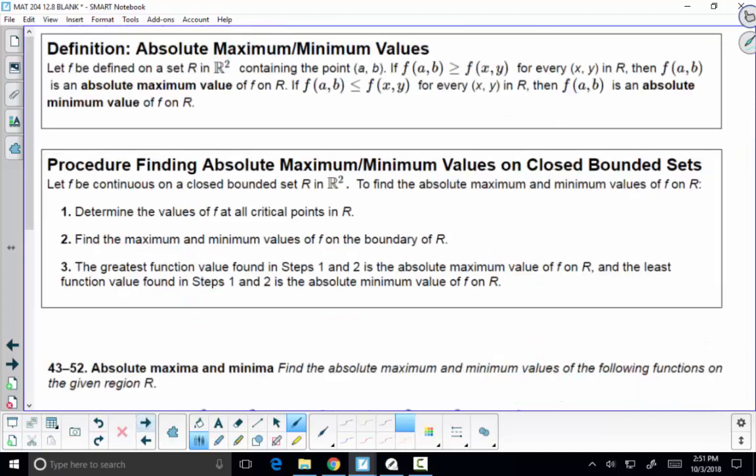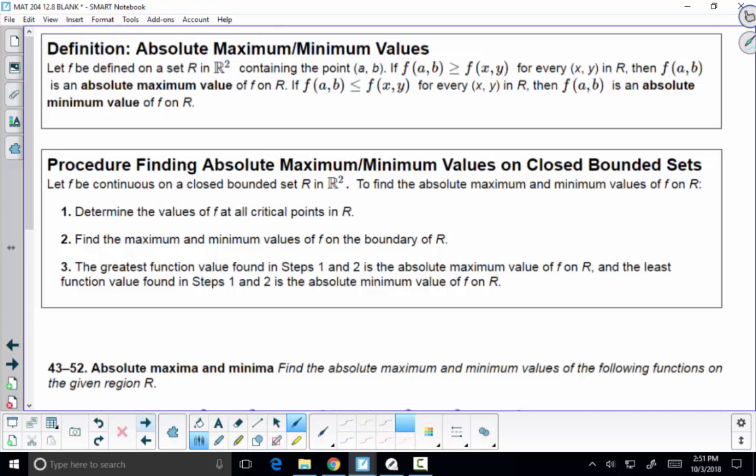All right, let's do the hard part now. Absolute extrema. We talked just a smidge about it. If the entire domain is the xy plane, and there's only one critical point, that means it's also going to correspond to an absolute max or an absolute min.